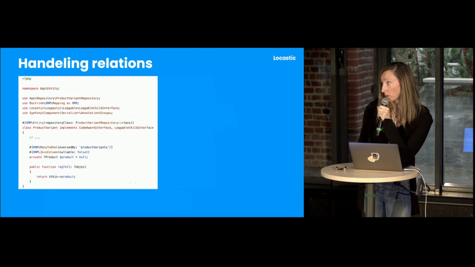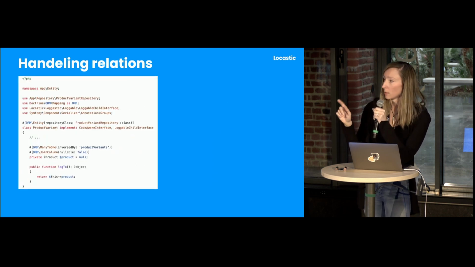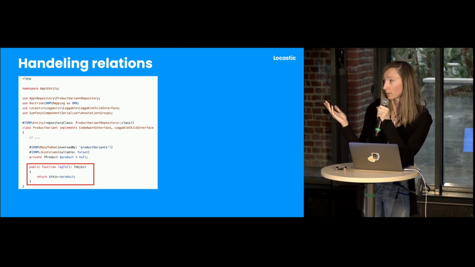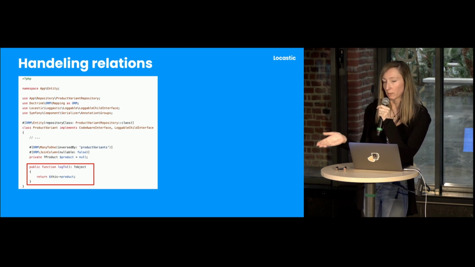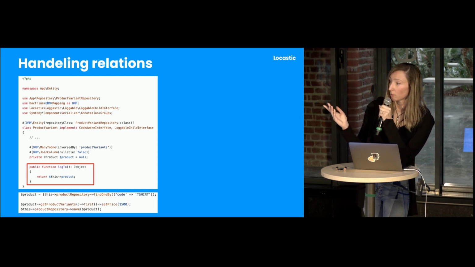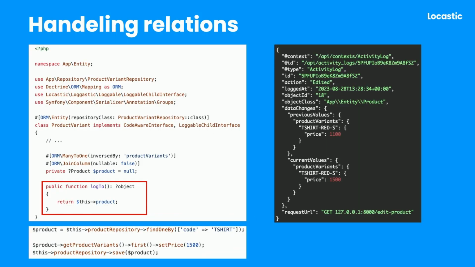The solution for this is to implement the loggable child interface on the product variant. And now we have this log2 method, and here we return this product. This way we tell the bundle, each time a change happens on a product variant, save it to the product object. Here we have the same code, we only change the product variant price, and here we have our log, so it is saved.